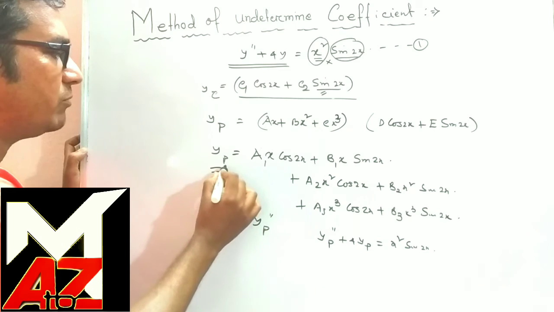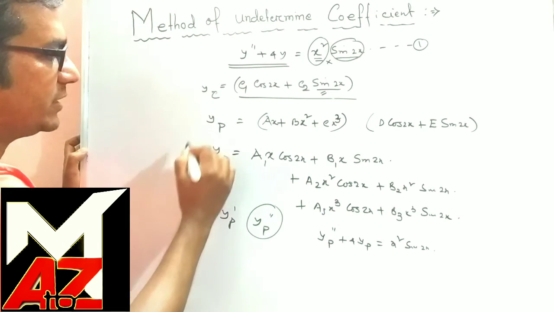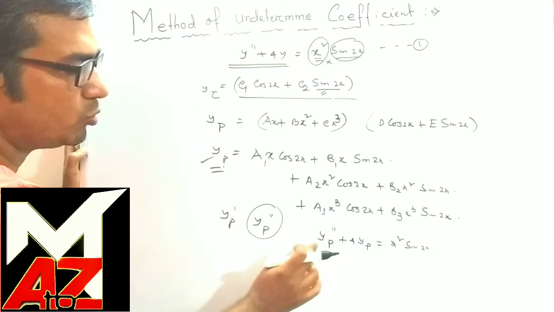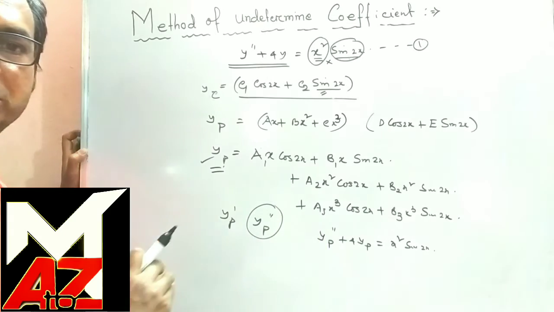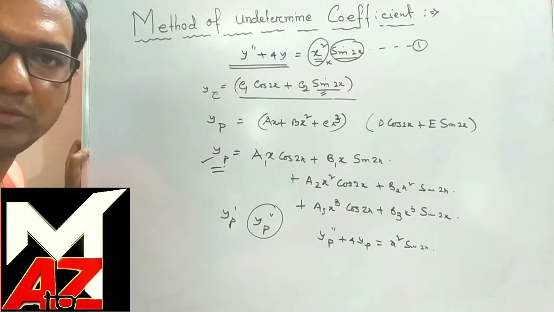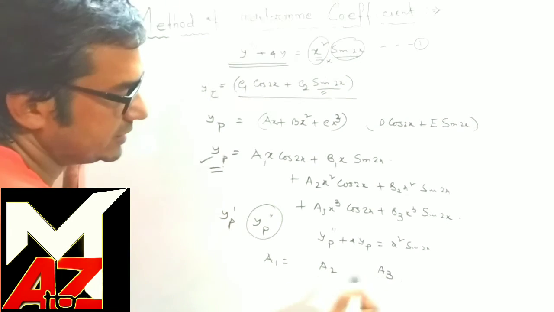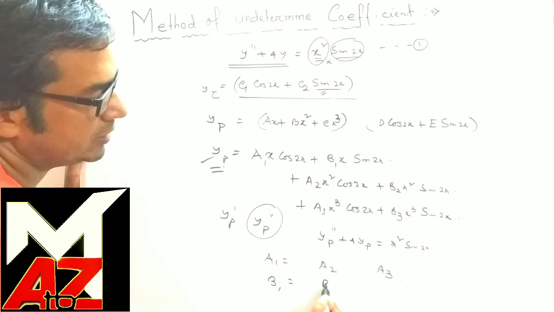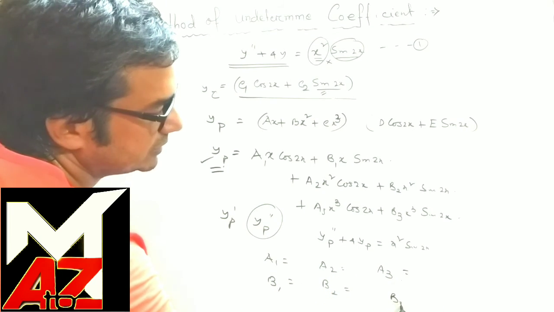Putting the values of yp double dash and yp and equating the coefficients from both sides, we can find a1, a2, a3, b1, b2 and b3.